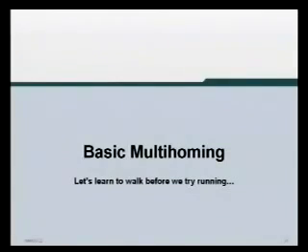Right, now I've called this basic multi-homing really to try and emphasize the point that we want to learn to walk before we try running. Some of the questions I've seen asked on, say, ISP BGP lists and so forth, from people who have come to multi-homing for the first time, are like, I'm a newcomer to BGP and I need to do this, and they post some amazingly convoluted configuration that I can't imagine where they've got from.